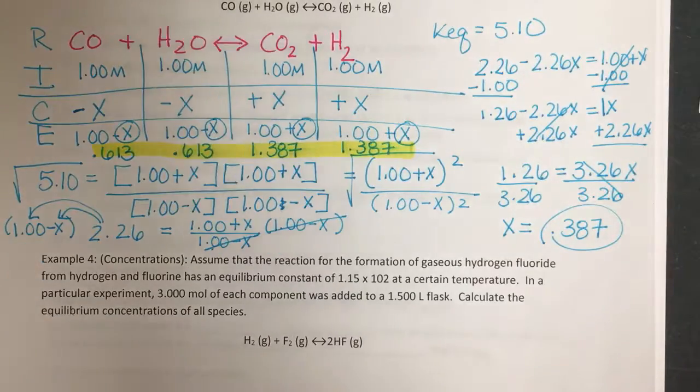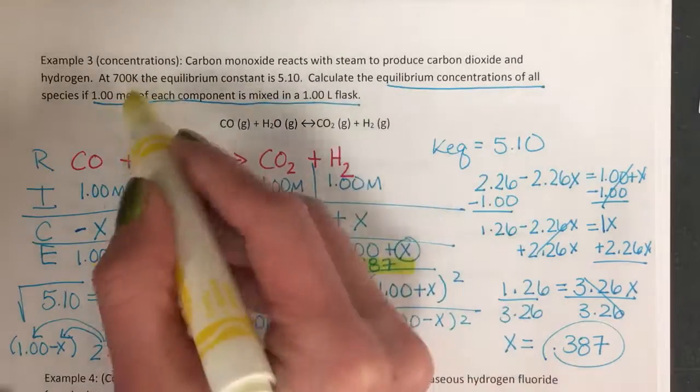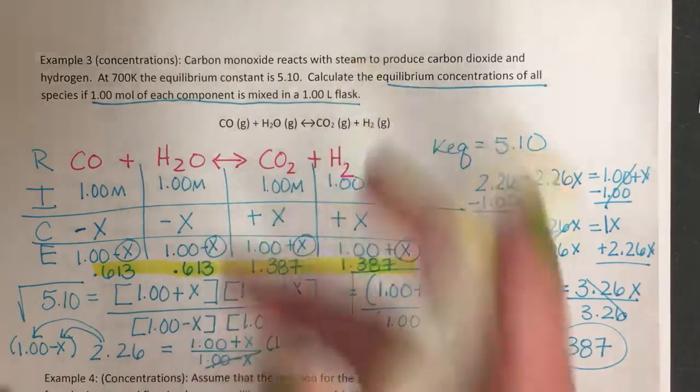Okay? Rice tables aren't hard. The algebra is where people tend to mess up. So be really, really careful when you solve example 4. Now the one tricky thing in example 4, my molarity here, I was given moles for 1 liter.